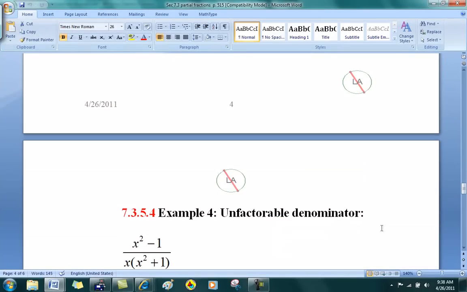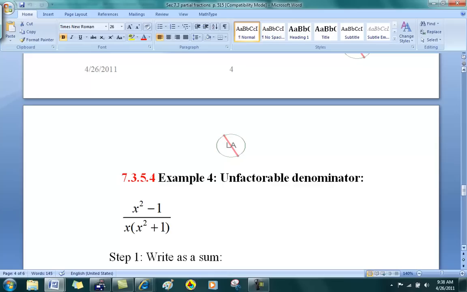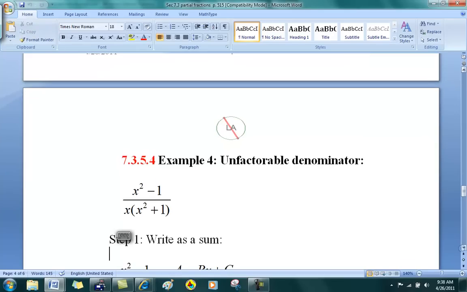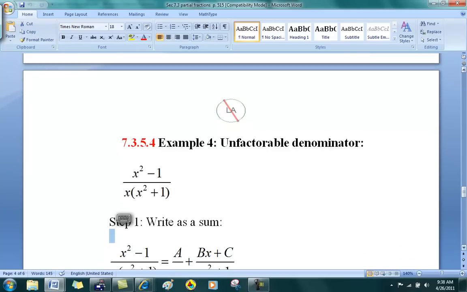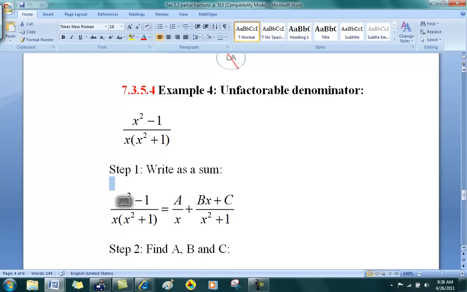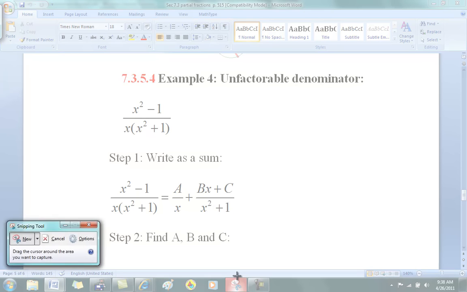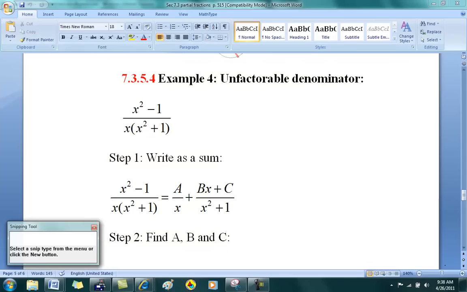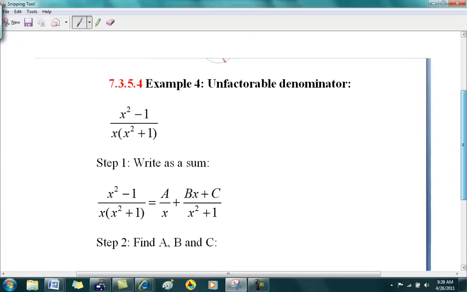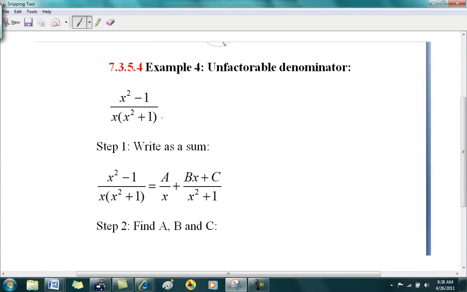Next example. Example 4, unfactorable denominator. So this is not factorable. Okay, so here's your example where the denominator is not factorable.